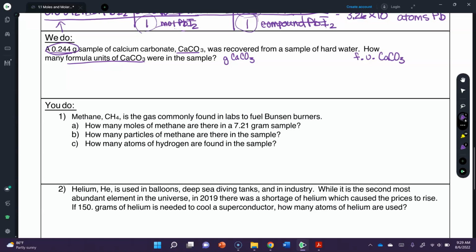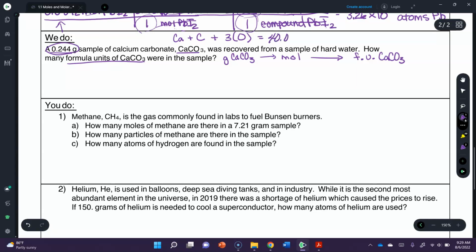So we're using the academic meaning and not any other sort of meaning. So I want to go between these two, and I see from our notes that we can go to moles first because both of these are related to moles. And then I need to figure out how much calcium carbonate weighs. So I need to add calcium plus carbon plus 3, and I'm going to put the oxygen in parentheses. So I'm going to look up their molar masses.